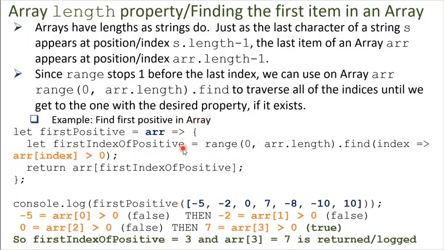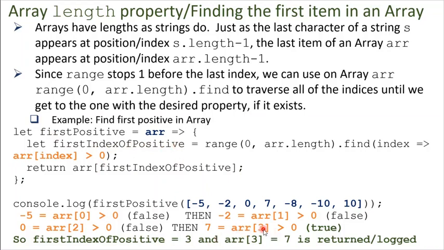So if you want the actual item that's at index 3, you're just going to replace first index of positive with 3 here, and do ARR of that to get the 7, right? So I was telling you how this is going to work, but again, how you would think about this to figure out, oh, I would need ARR of first index of positive, is the fact that first index of positive is going to be the number 3.